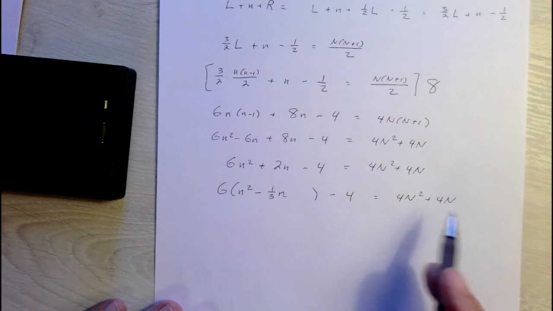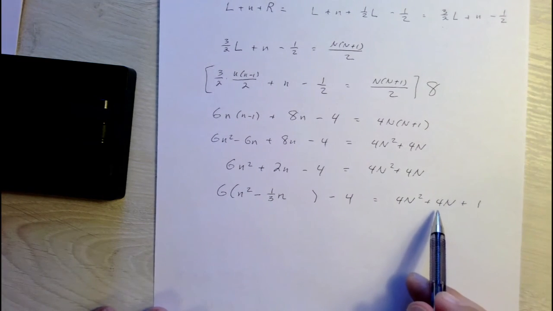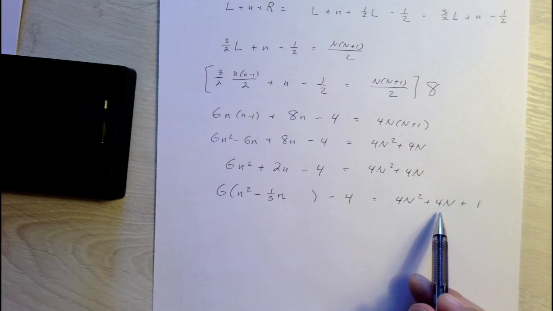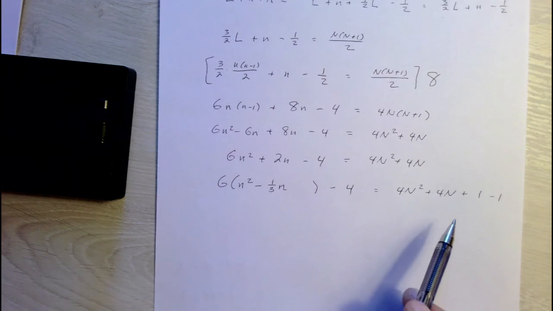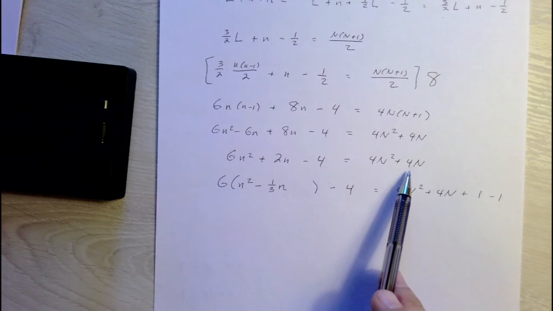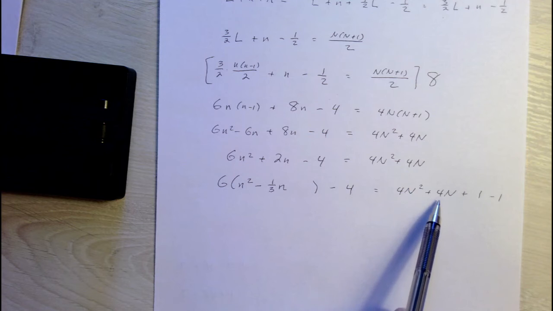And then over here, I'm going to add 1 and subtract 1. By completing this, 1/2 of 4 is 2, 2 squared is 4.